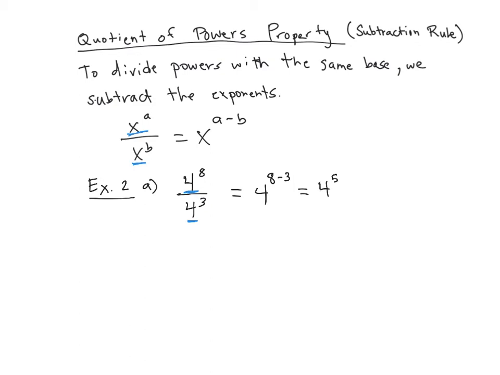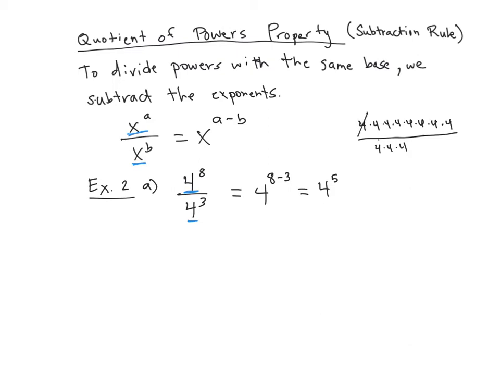Now, the reason why this can work is if I have 8 4s in the top multiplied together, 1, 2, 3, 4, 5, 6, 7, and 8, and I'm dividing by 3 4s multiplied together in the bottom, I can do some simplifying by reducing a fraction by canceling 1 4 from top and bottom.